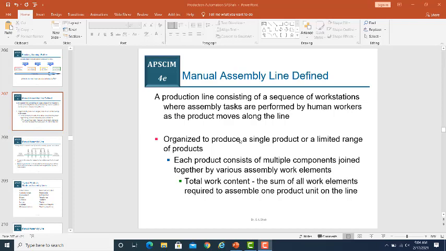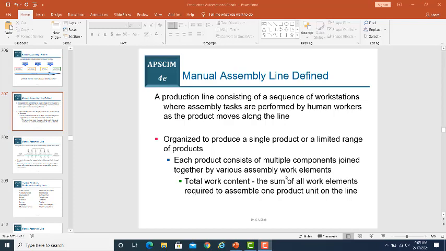Normally, assembly lines are organized to produce a single product or maybe a limited range of products. And as I said, you will have sub-assemblies, and those sub-assemblies are normally assembled to the base component at multiple workstations. So each product in an assembly line consists of multiple components. They are then joined together by various assembly work elements to come up with the final product.